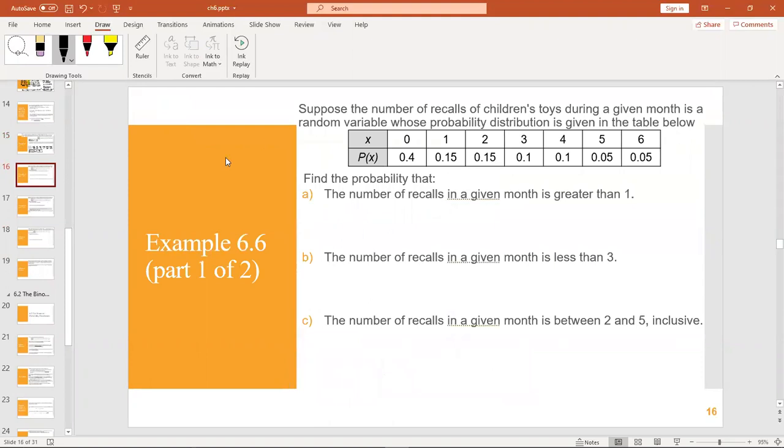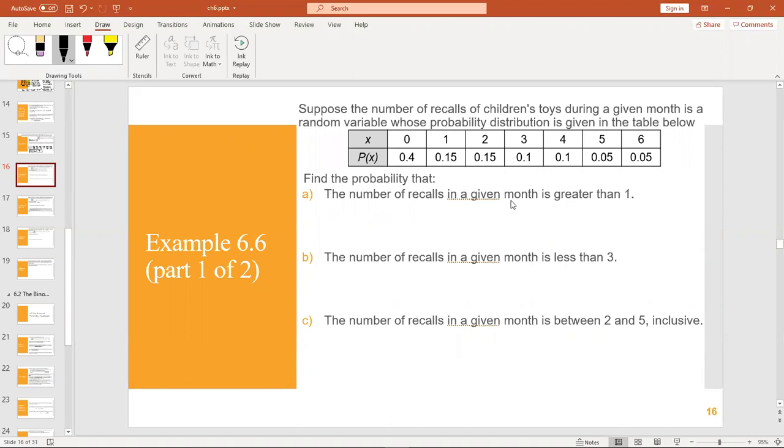Suppose the number of recalls of children's toys during a given month is a random variable whose probability distribution is given in the table below. Find the probability that the number of recalls is greater than 1, less than 3, between 2 and 5 inclusive. Here we're reading the values off of the table.